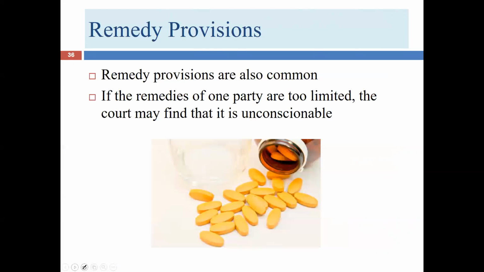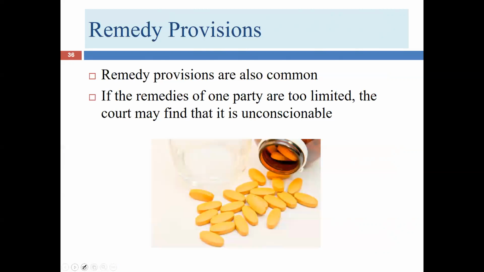But again, we've got the problem of the crystal ball. We don't have one. If the other guy had used a crystal ball and seen that I was going to breach, he wouldn't have entered into the contract with me anyway. So we have to look at what we knew at the time the contract was signed to see, was that a reasonable prediction of what the damages might be?